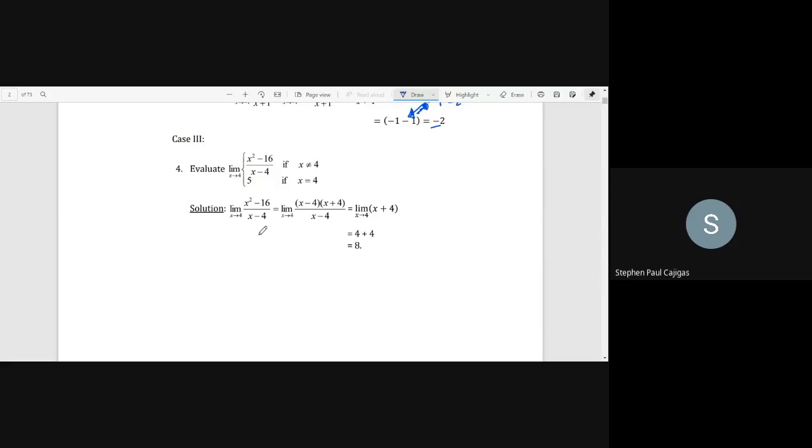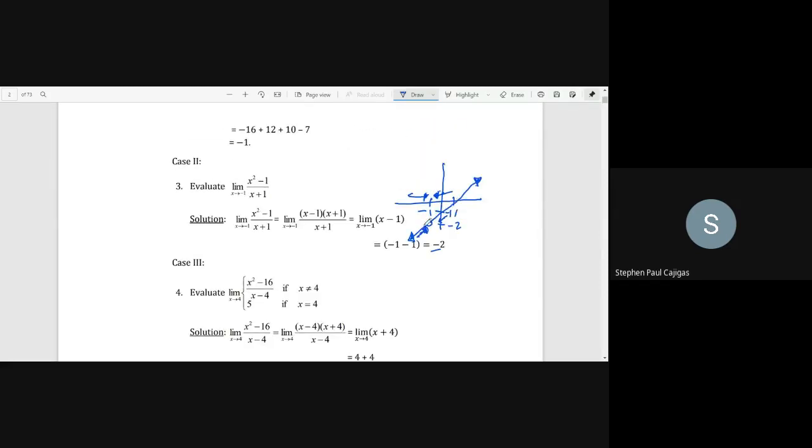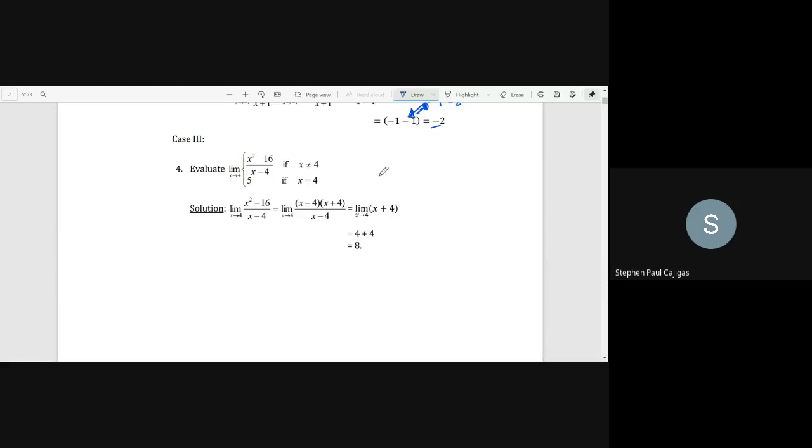So when we evaluate the limit, our graph simply has a hole. There is a line and then there is a hole. The difference is when we draw the graph, 1, 2, 3, 4, 1, 2, 3, 4. Okay, the graph looks like this. There is a hole here.